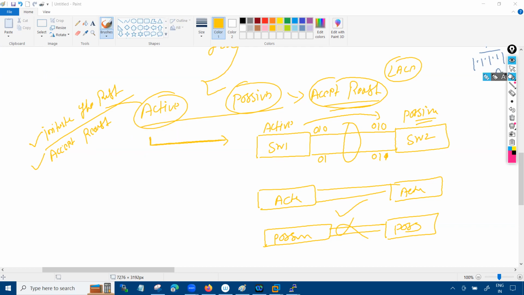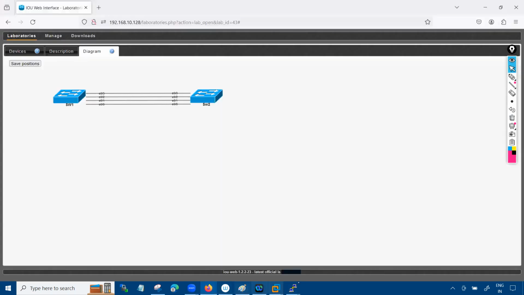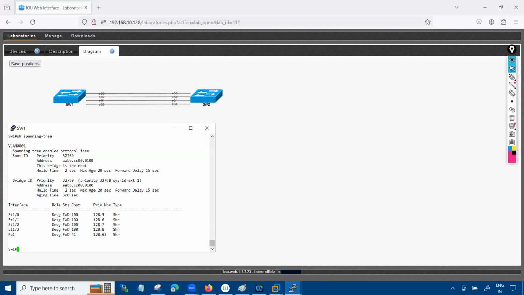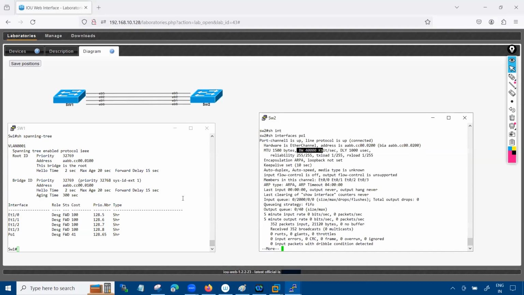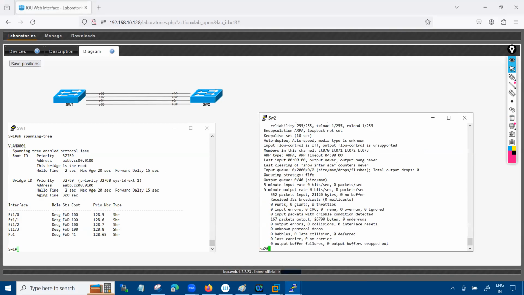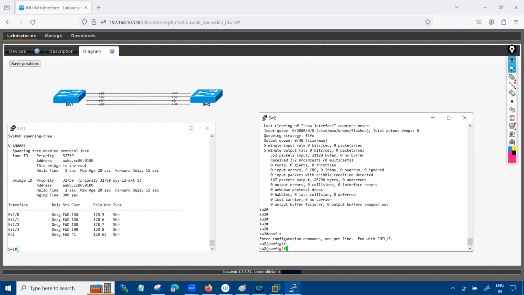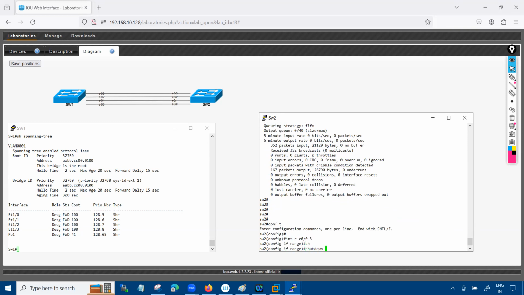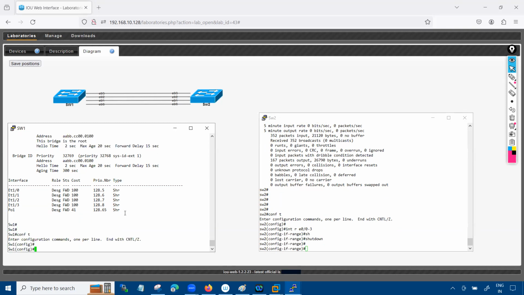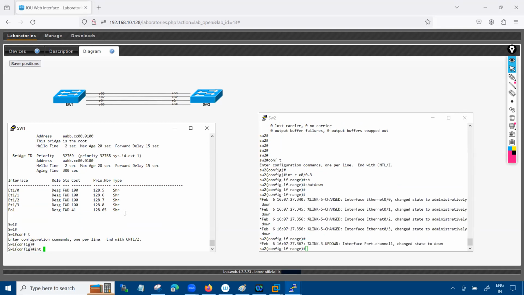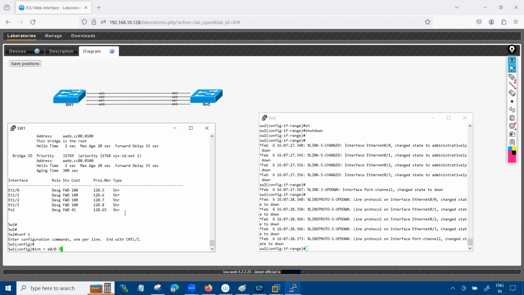In this case right now, I'm just going to use the active and passive scenario. That's LACP. So let me remove the first port channel I have. Interface range 0/0 to 0/3, shutdown. Same way I want to shut down this link. Shutdown.